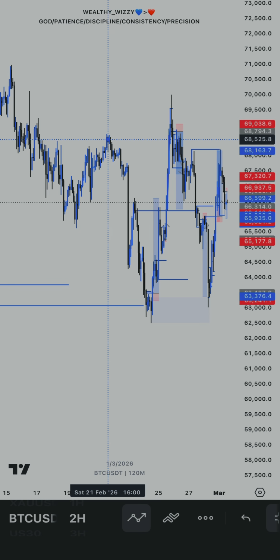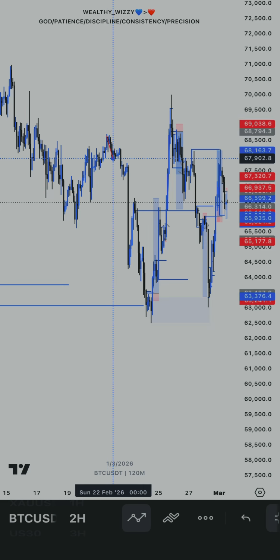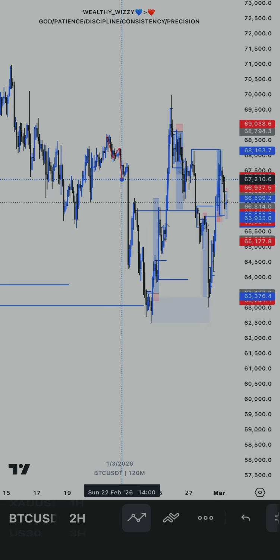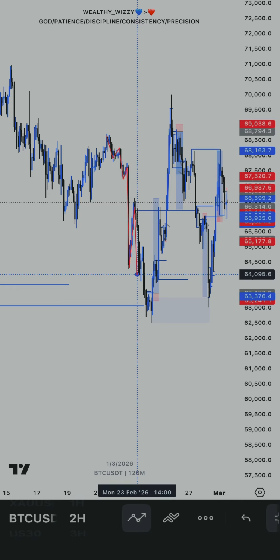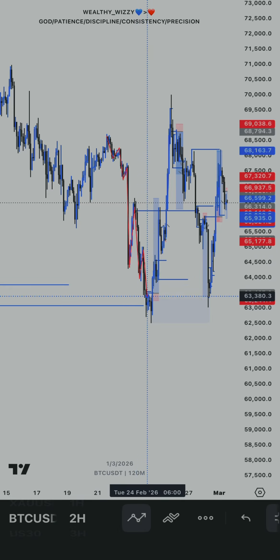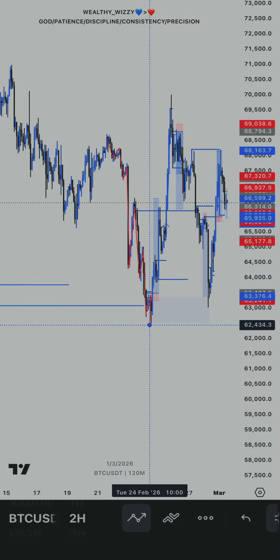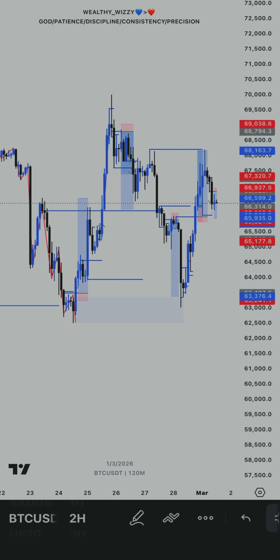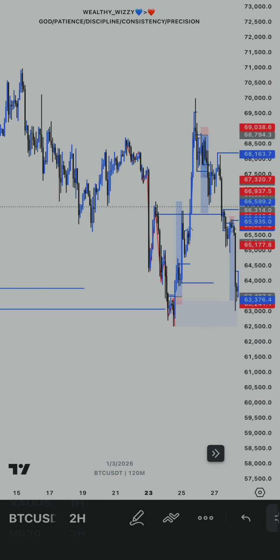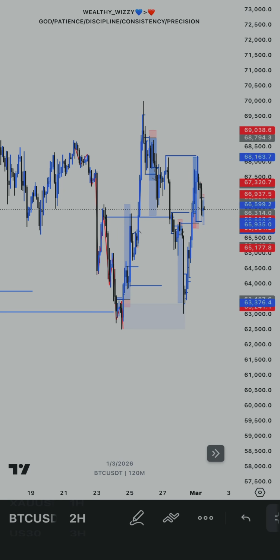You can see it was giving us a series of lower high, lower low, lower high, lower low, lower high, lower low. Then this high with a sweep. This was a sweep that mitigated our POI there. So let's stop for now. We'll come back to this.